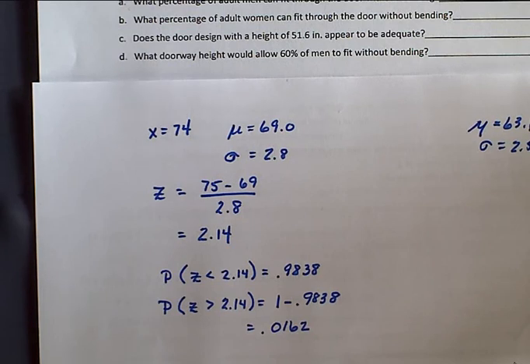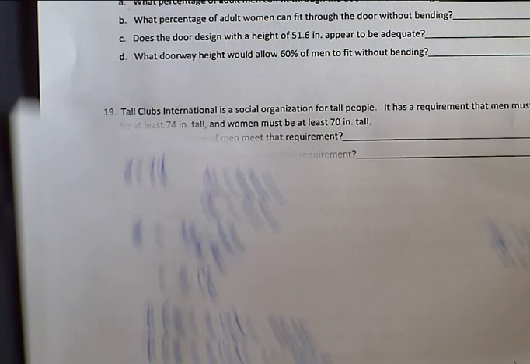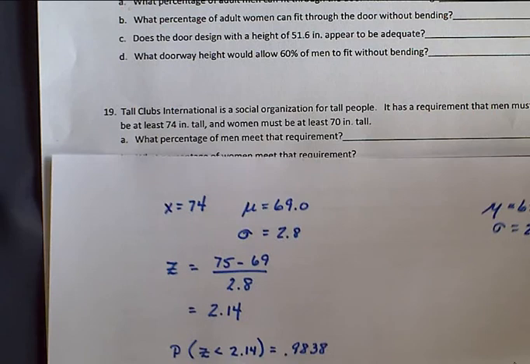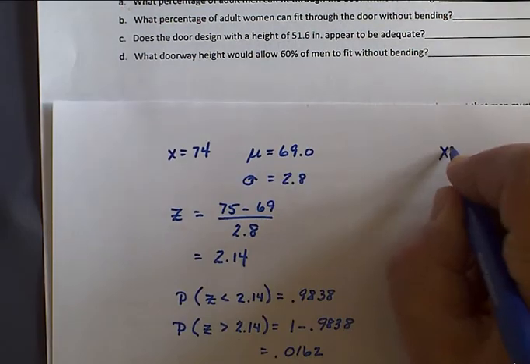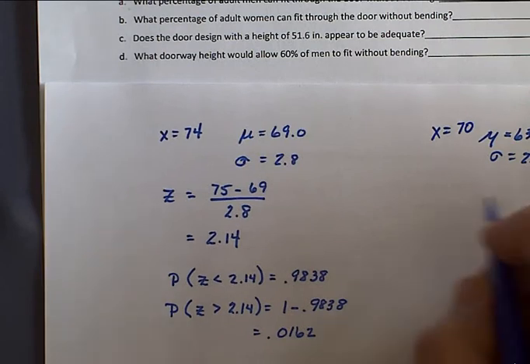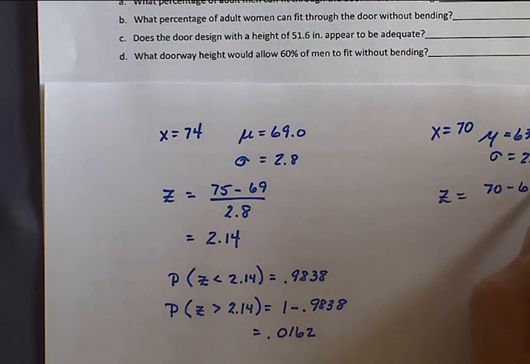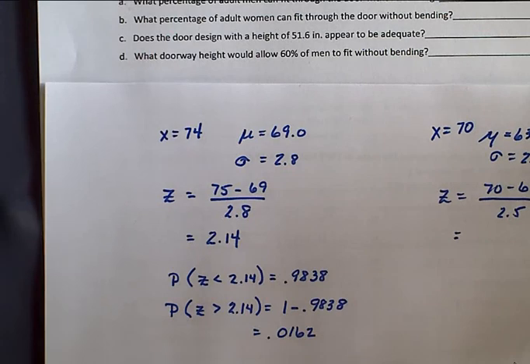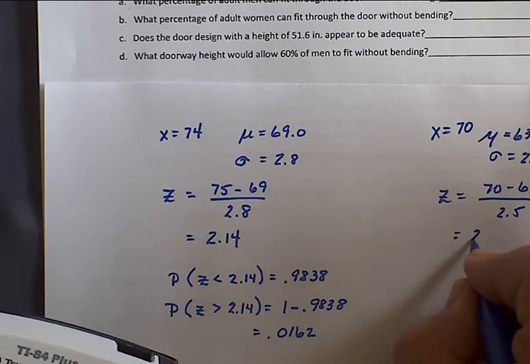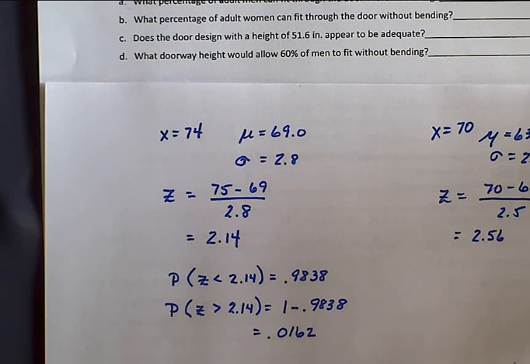So, the percent of women that meet it. So I'm going to use an X of 70. So we're going to do the same thing. Find the Z-score. 70 minus 63.6 divided by 2.5 this time. Okay, let's see what Z-score we get out of this. So I get 2.56, okay, which is even greater Z-score than for the men.